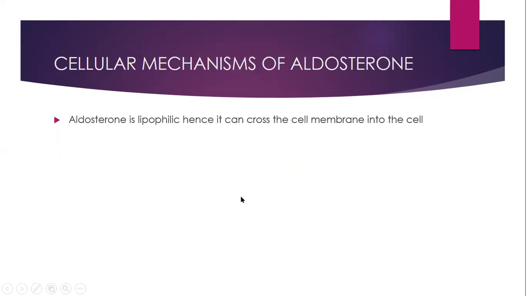Now, for the cellular mechanism of aldosterone, number one, this hormone is lipophilic. So it can cross the cell membrane and enter the cell to the cytoplasm. They usually have cytoplasmic mineralocorticoid receptors. They diffuse through the cell membrane to the cytoplasm where they combine with their receptor to form a receptor complex.